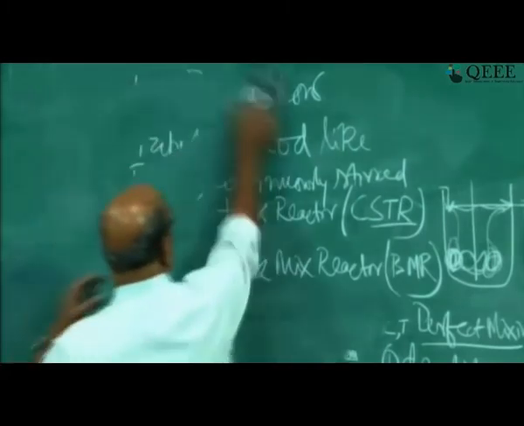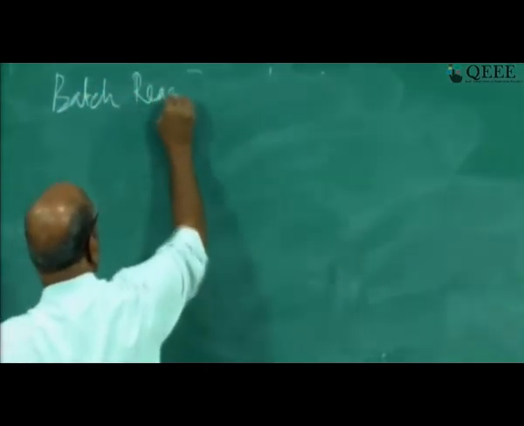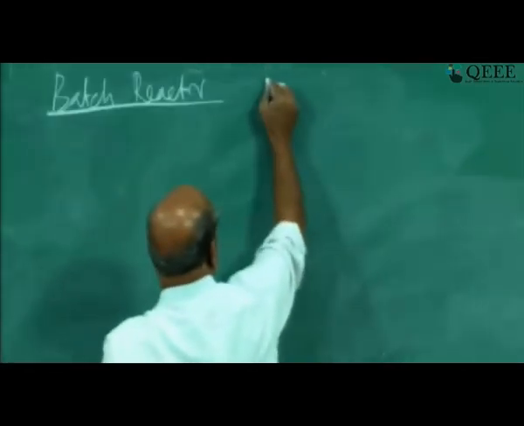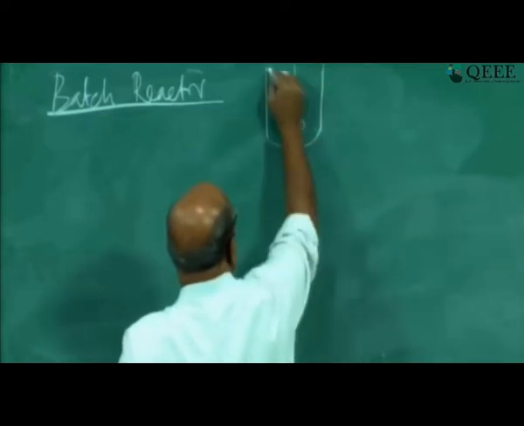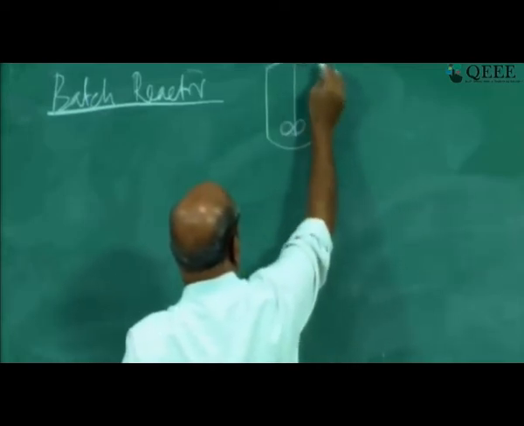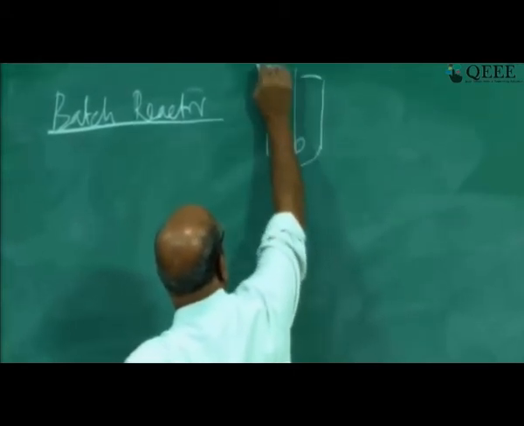Let us take the batch reactor derivation. So we normally represent a batch reactor like this, and of course, as I told you, here you have a pressure gauge.